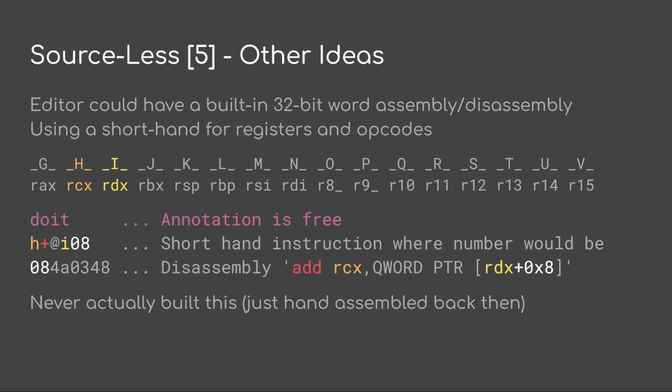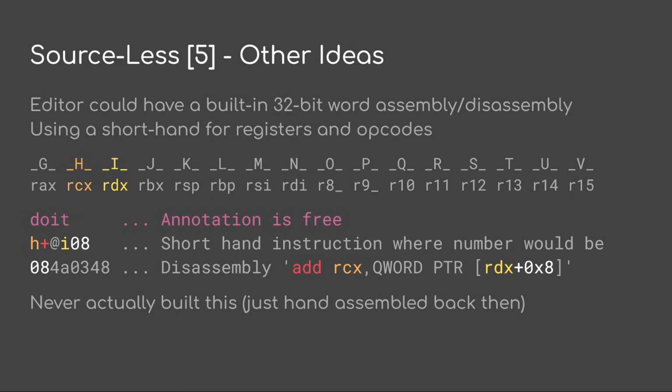Another option is the editor could have a built-in 32-bit word assembly disassembly, meaning I could use a shorthand for registers and opcodes. And the shorthand that I would use would be labeling the registers starting with G, so that 0 through F could be used for hex. So this is an example of how you might want to do it.